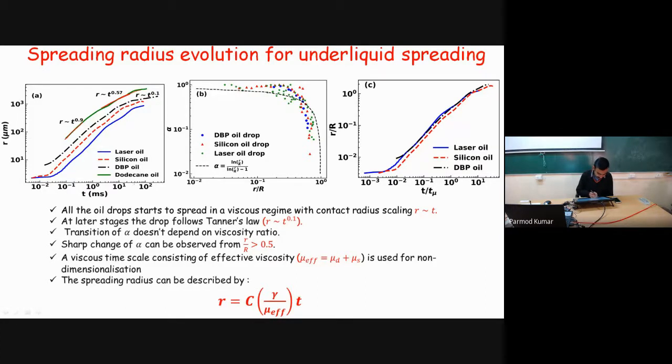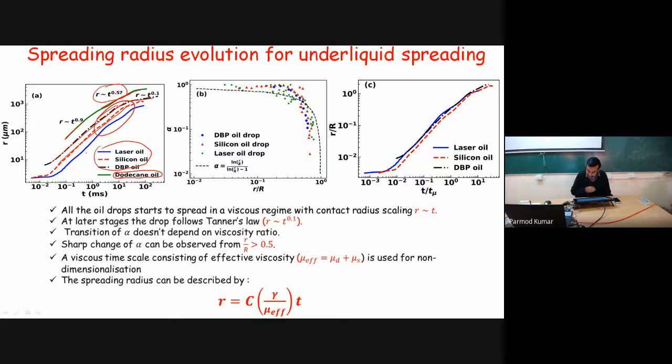But this inertial regime is only applicable for this dodecane drop, for which the viscosity ratio with the surrounding liquid is equal to 1. However, for other smaller viscosity ratios, we mainly have the presence of the viscous regime, and after viscous, the transition takes place into the tenuous regime. We do not have the occurrence of this intermediate inertial regime for the other small viscosity ratios.